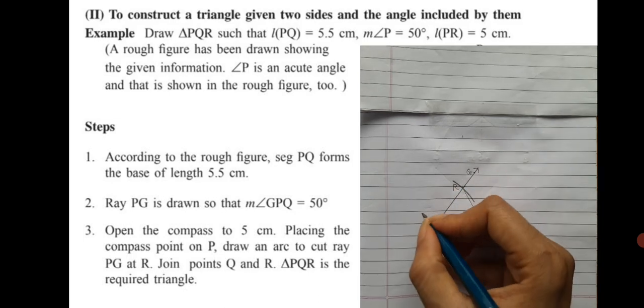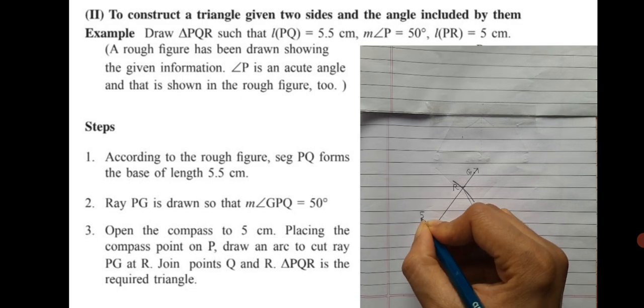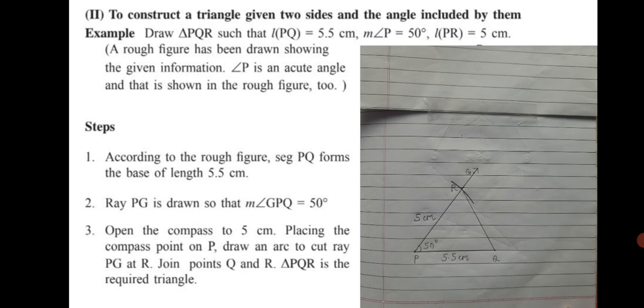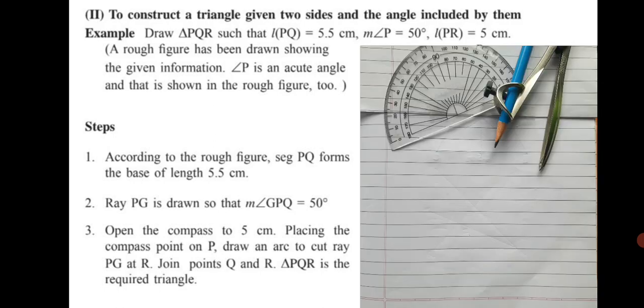So this way we have got side QR formed of the triangle. PR is 5 centimeter. So you have completed the construction of a triangle where two sides are given and one angle that is included by those two sides is also given. This way we are going to start with our practice set number 3. So let's begin practice set number 3.